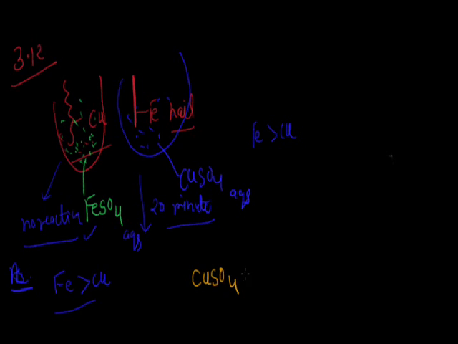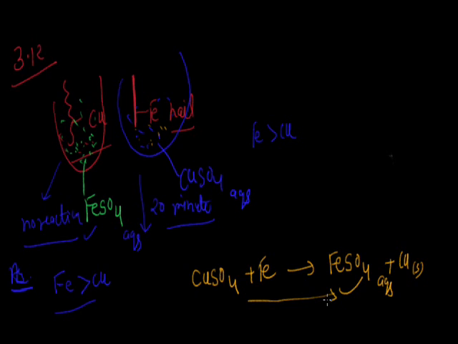Copper sulfate reacts with the iron nail, and there is a displacement, giving FeSO4 aqueous and copper solid. After some time the solution has FeSO4, which is light green, and the iron nail has a deposition of copper. So a replacement reaction occurs. This is called a single displacement reaction.